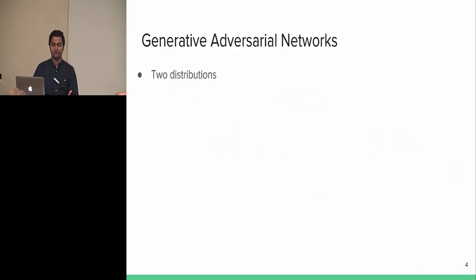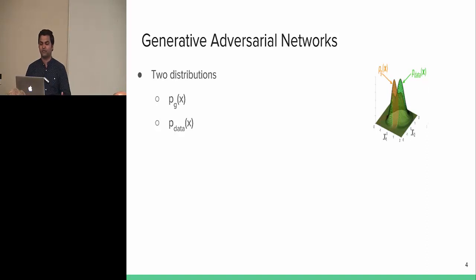So as I was saying, there are two distributions. One is the PG, which is the images that are generated by the generator, and there is PD, which is the target distribution that we want to learn. So here I have a representation of the same. If you see here, the input is a 2D space, and the green distribution represents the data or the target distribution that we want to learn, and PG is the distribution that is learned by the generator.